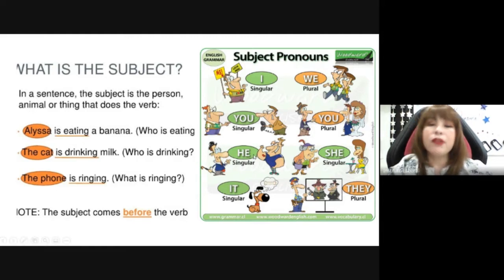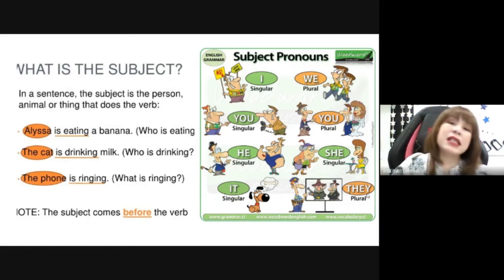He refers to a male, she refers to a female, it refers to animals and things. So when we talk about two or more than two, that means 3 or 4 or 5, a group of people, then we use the subject pronoun they, that is the third person plural.